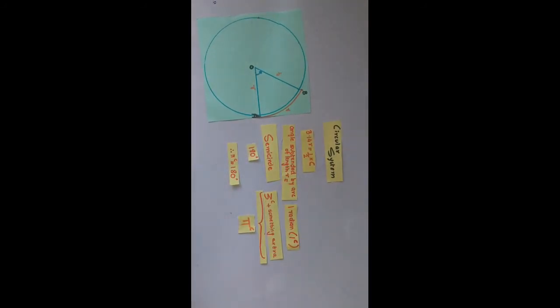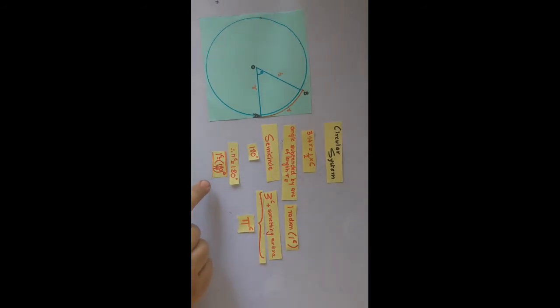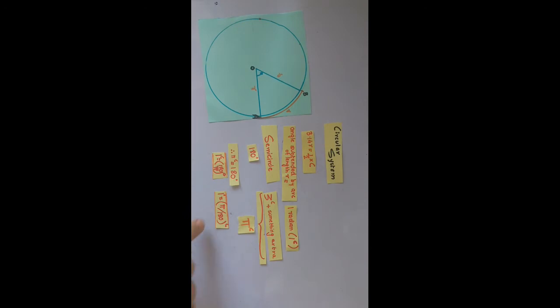So now we finally conclude that we can have radian and degree conversions. From this formula, we get 1 radian equals 180 divided by pi degrees. Similarly, 1 degree will be equal to pi by 180 radians.